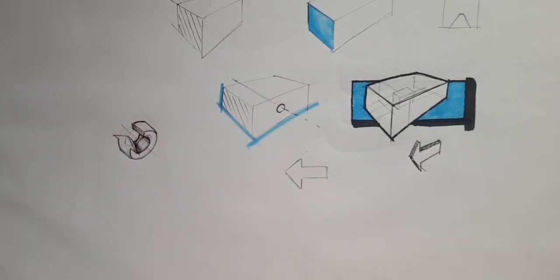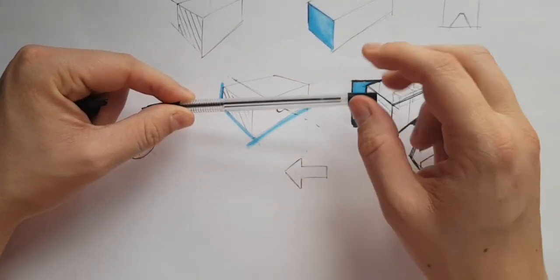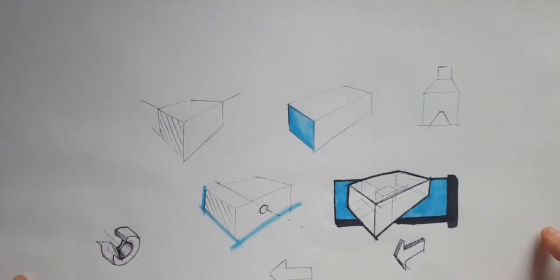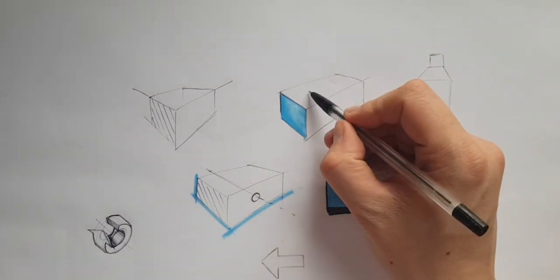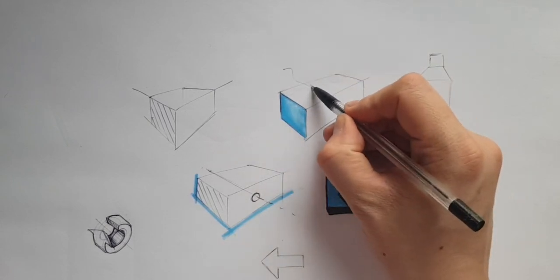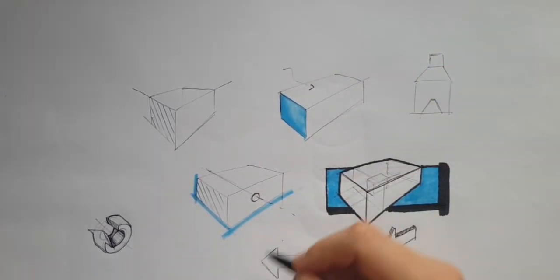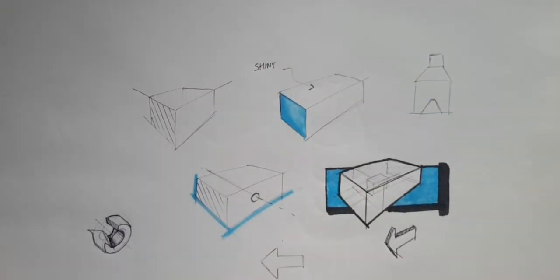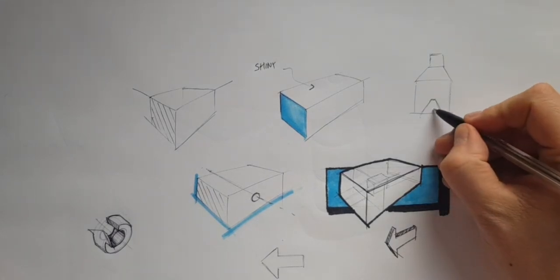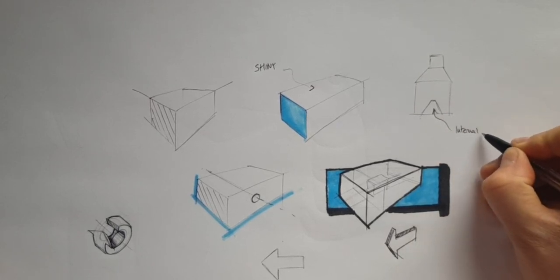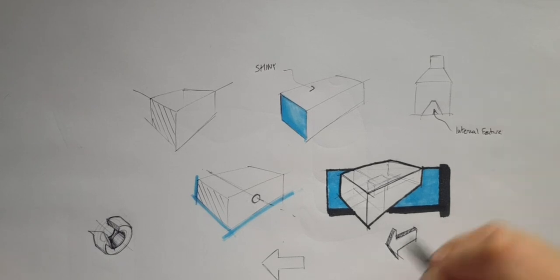And then if I want to do labels and annotations, when you're writing, you want it always to be horizontal. You don't want it at an angle. So if I want to say what the surface of this is, like if I want to say that's shiny or anything like that, I'd do a wiggle, an arrow pointing to it, and then go shiny, or internal feature, like that.